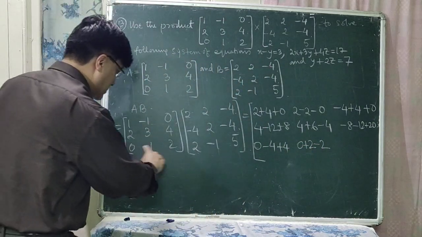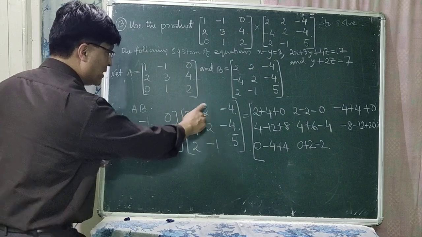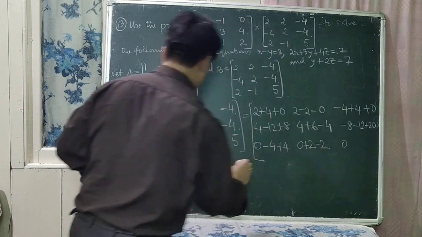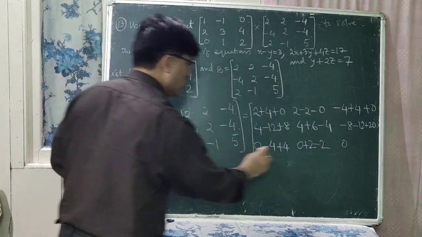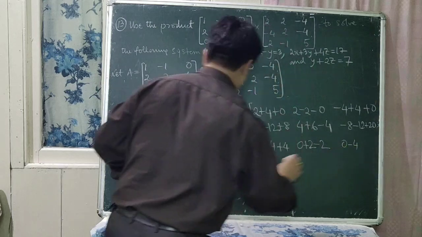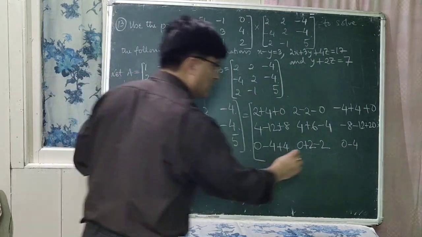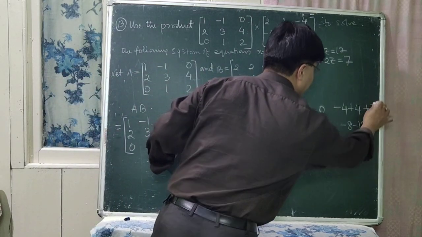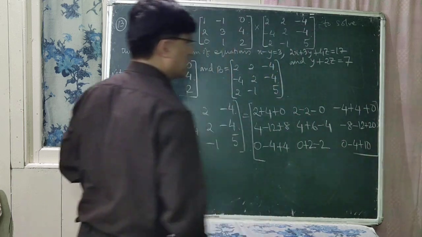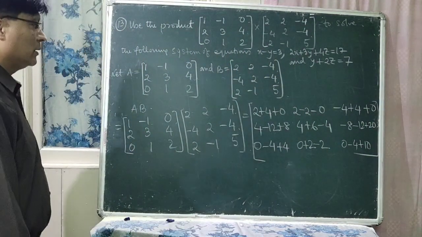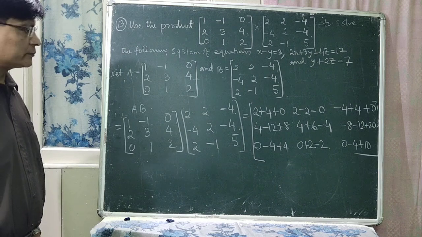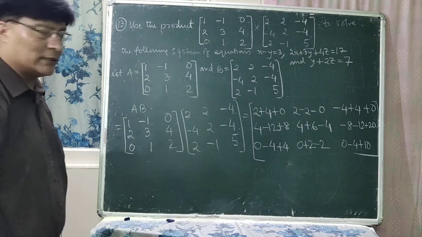Next, third row by third column. 0 into minus 4 is 0, 1 into minus 4 is minus 4, 2 into 5 is plus 10. The matrix is closed now. So I think you have understood it.